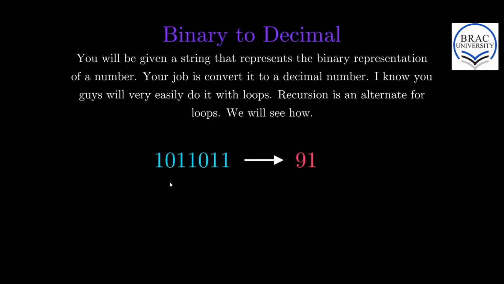So we do this with a for loop. In each iteration of the for loop, we check one character of the string, and then we decide whether to double it or to double and then add 1. Let's see the code now.